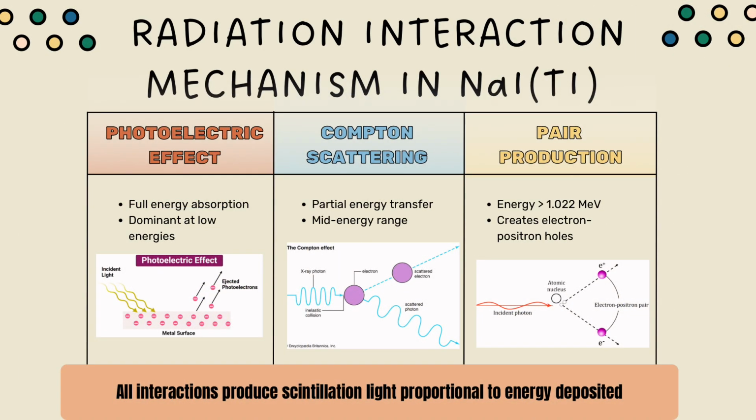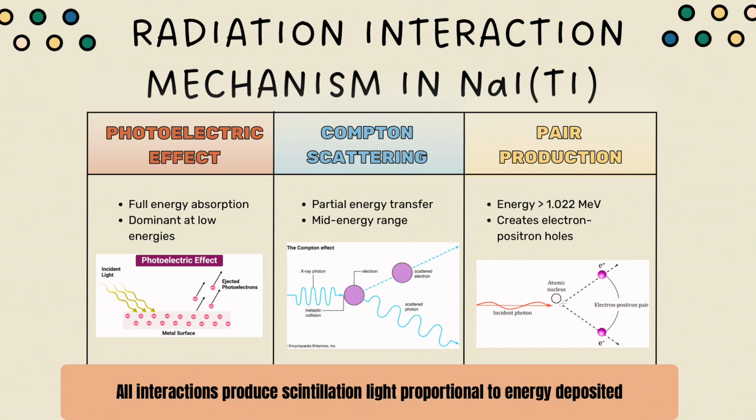So there are three main gamma interaction mechanisms in NaI(Tl). First, we have the photoelectric effect, which dominates at low gamma energy. In this process, the gamma ray deposits all its energy, producing a full energy peak. Second, we have the Compton scattering, which occurs at intermediate energy.